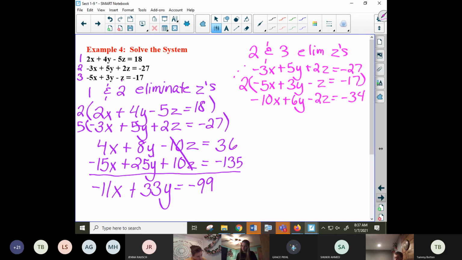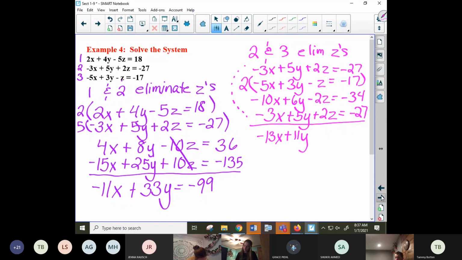And then I'm just going to copy this one down here and do negative 3x plus 5y plus 2z equals negative 27. Okay, when I add going down, I get negative 13x, 6y plus 5y is 11y. These cancel, and negative 34 minus 27 is negative 61.